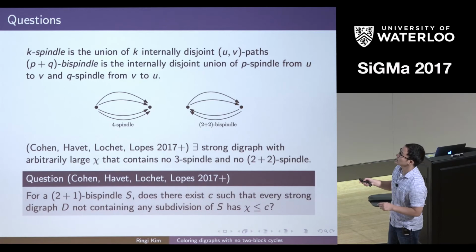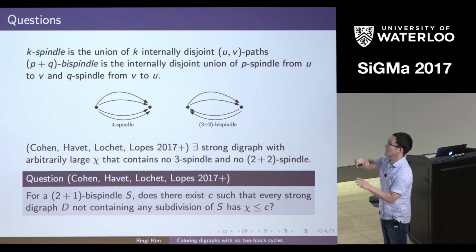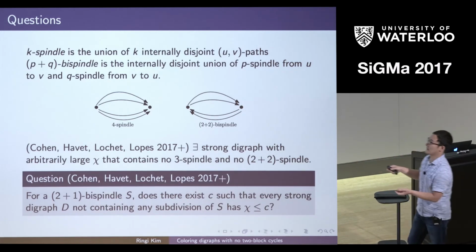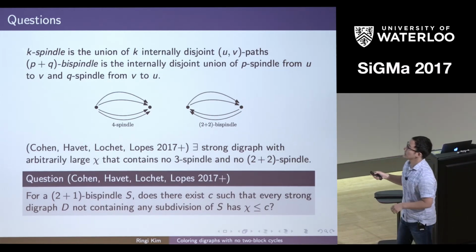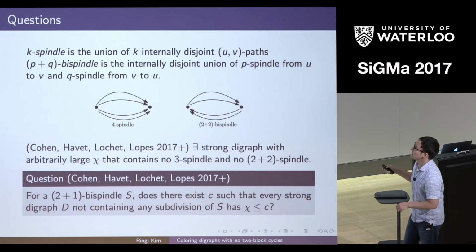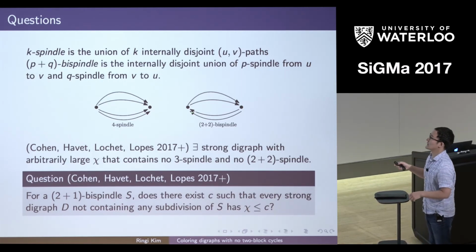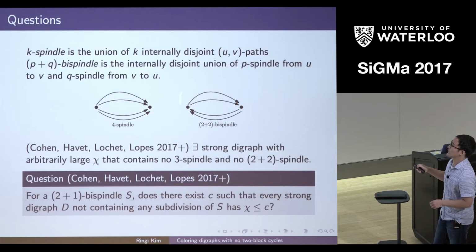Here, a k-spindle is a digraph like this, consisting of k maximal directed paths starting from one vertex to another vertex. And a P plus Q bispindle is like this. It has P directed paths from here to there, and Q directed paths from here to there.